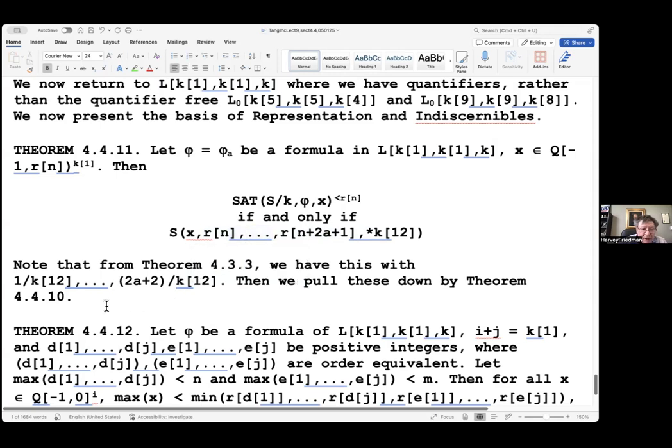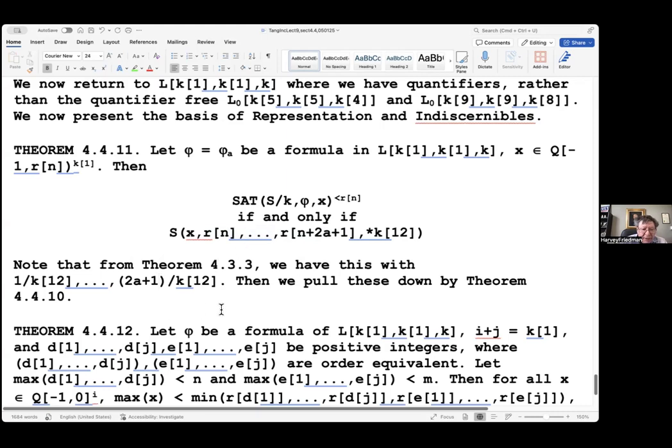So we keep the Rn, sorry, and we have all these positive numbers. That's what we get from 4.3.3, but we can pull them down into the negatives because of what we just proved, all this stuff about sliding all these indiscernibles around, okay?